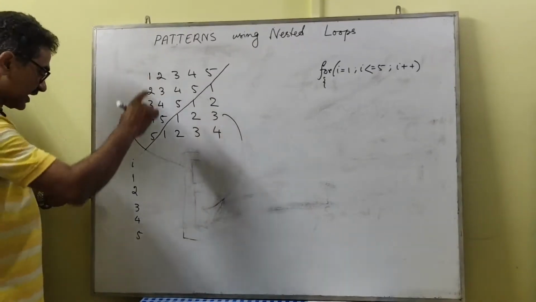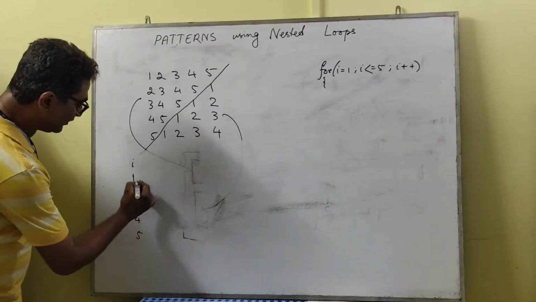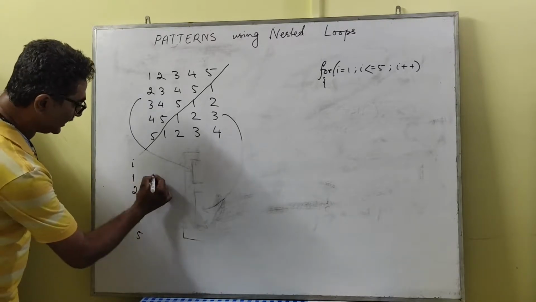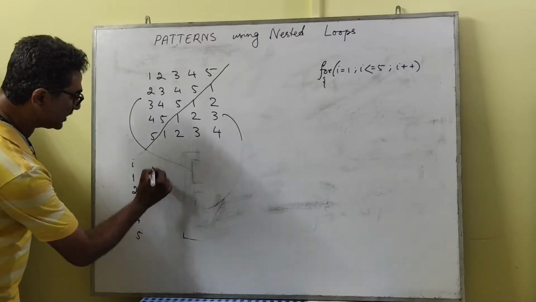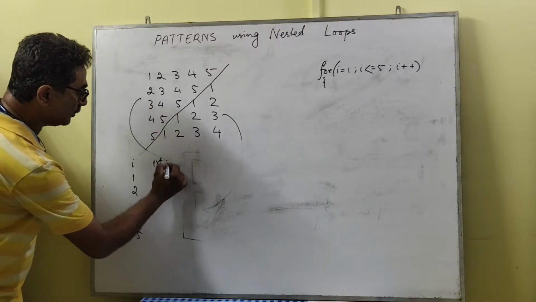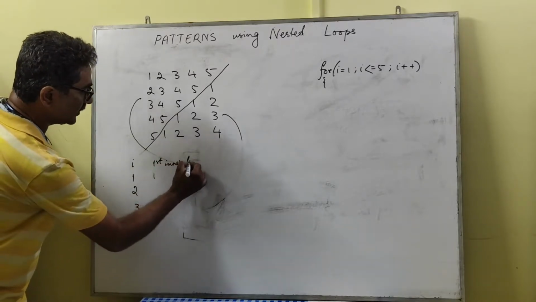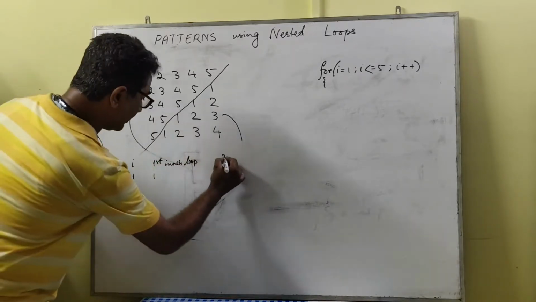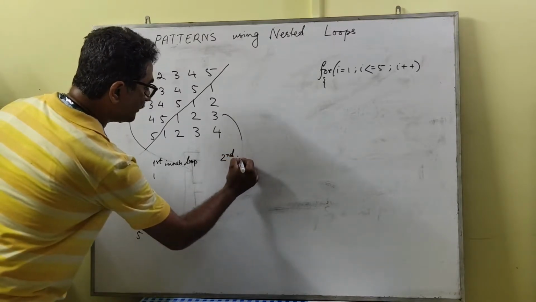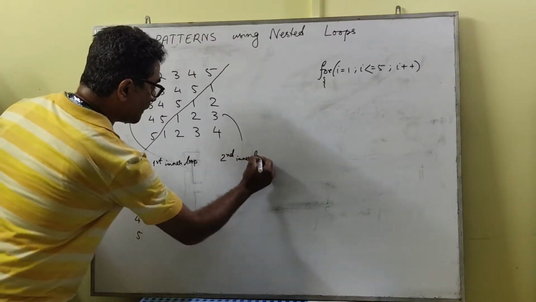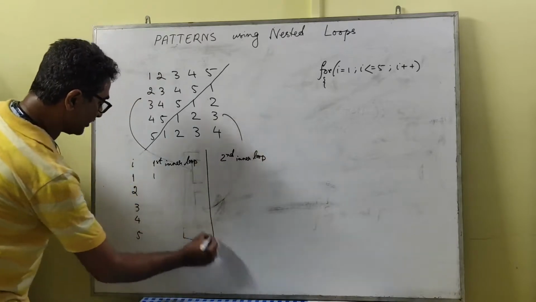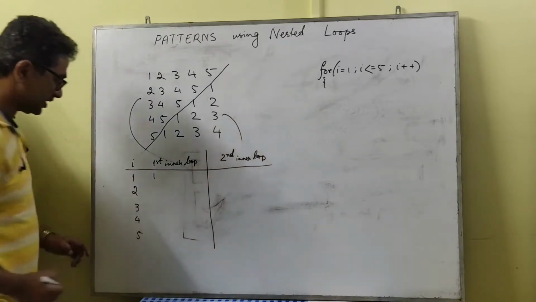Now for the first half, when the value of I is 1, the innermost loop runs from, this is the first inner loop. And here we are going to write the second inner loop. Okay, let me put a straight line to differentiate.